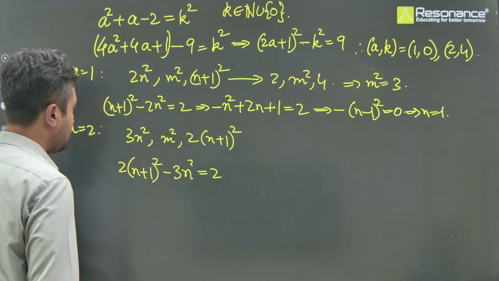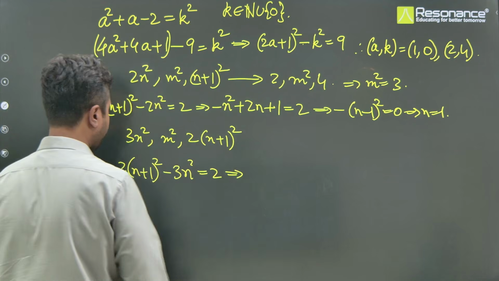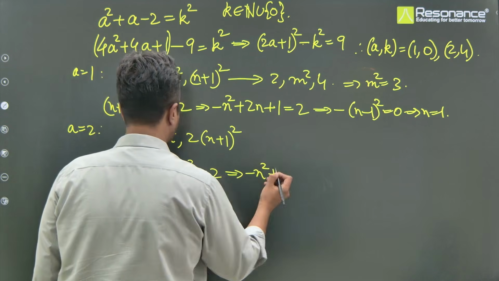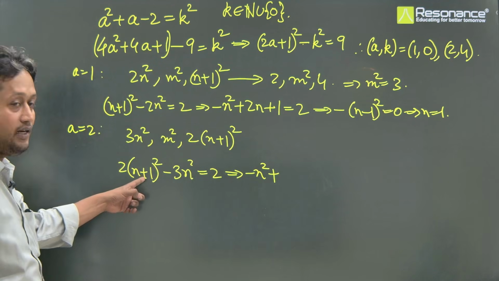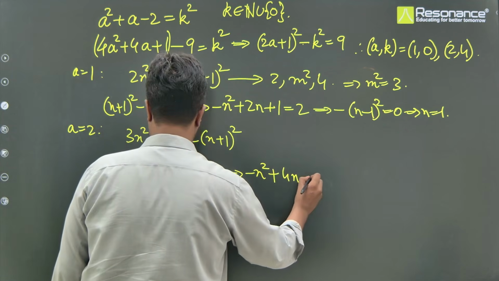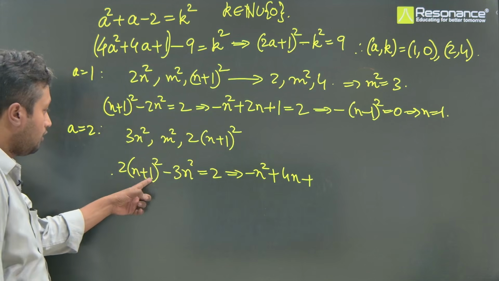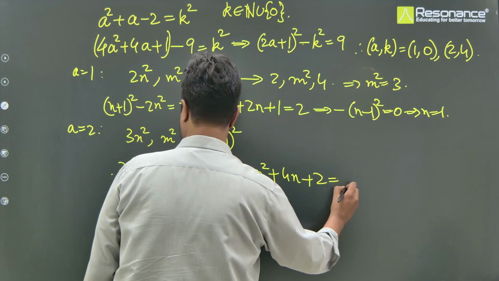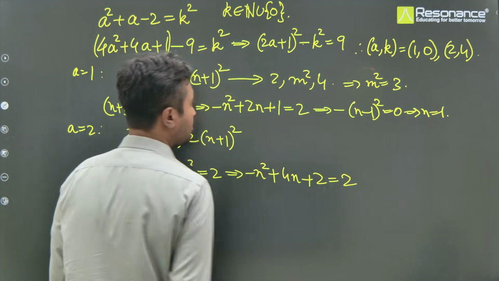So what does that tell us? It tells us minus n square plus, you have 2n into 2, so that would give us 4n plus 2 is equal to 2. That's all.